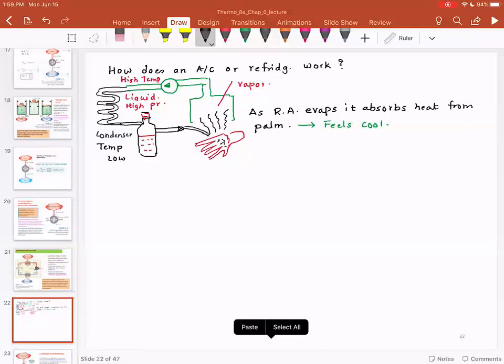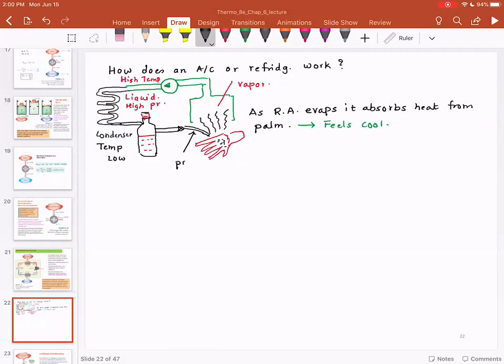So this process of pouring liquid is nothing but a throttling process, which means the high pressure liquid is going through a very teeny tiny opening, and in that case the pressure drops down.